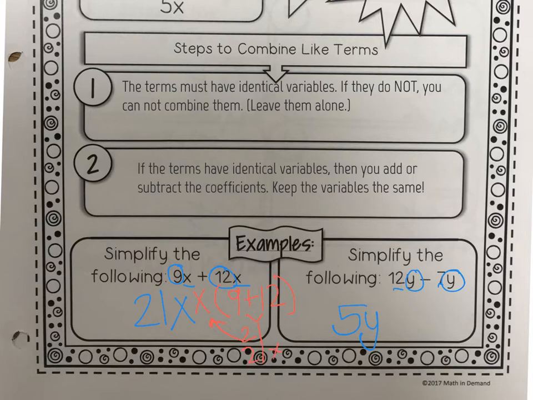But if you were to multiply, for example, x times x, that is going to be x squared because you're multiplying x 2 times. So if you have multiplication in your problem, combining like terms means that that variable now has to have an exponent on it. I just wanted to show you that, but you're not actually going to be doing that today.